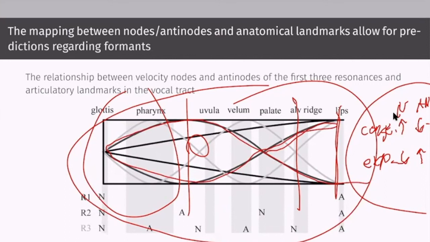So F3 goes up a lot, F2 goes up a little, and F1 goes down. You see a vowel, and then a consonant and a vowel, and before that consonant, these changes are happening. F3 going up, F2 going up a little, F1 going down. What kind of sound is this likely to be? What is the place of articulation of that sound likely to be?